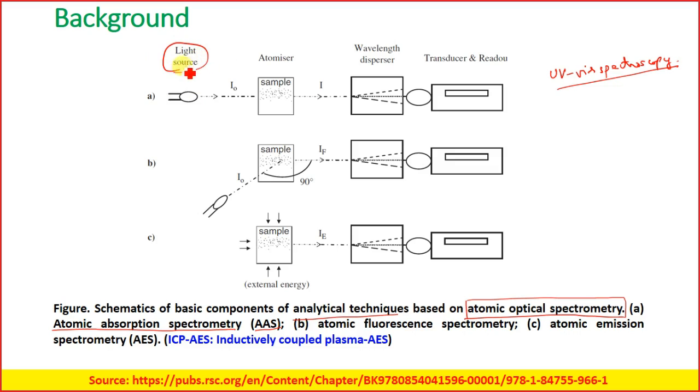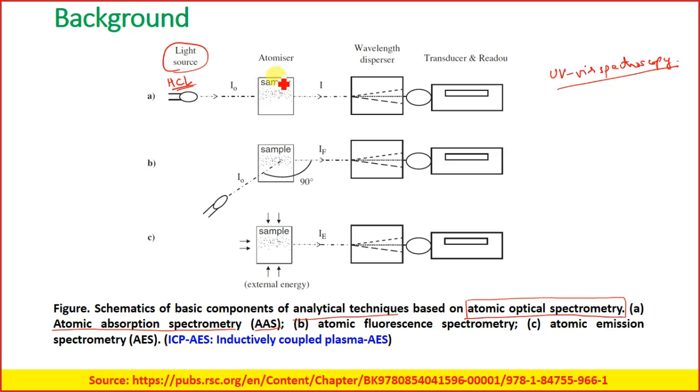Usually the light source in atomic absorption spectroscopy is a hollow cathode lamp, HCL. The light emitted from this hollow cathode lamp is incident onto the sample.